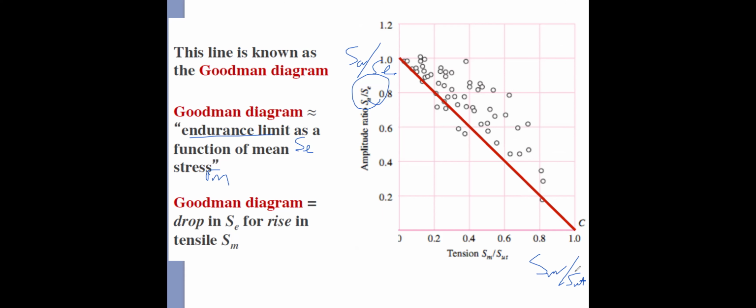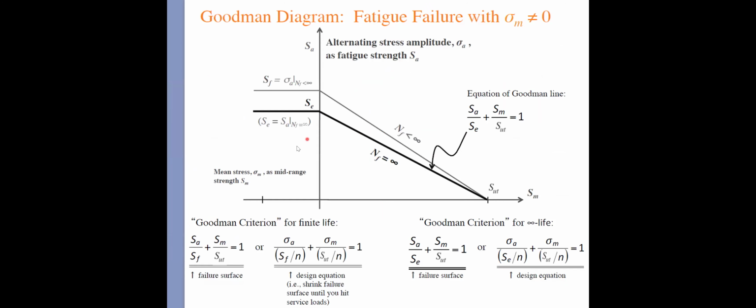So the Goodman diagram shows the drop in the SE for increasing tensile mean stress.